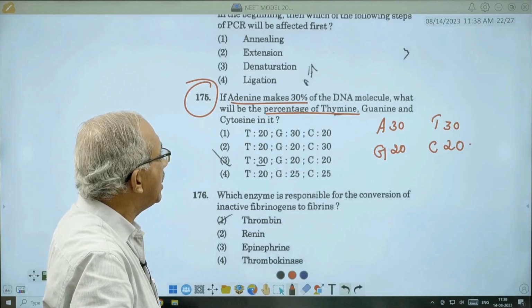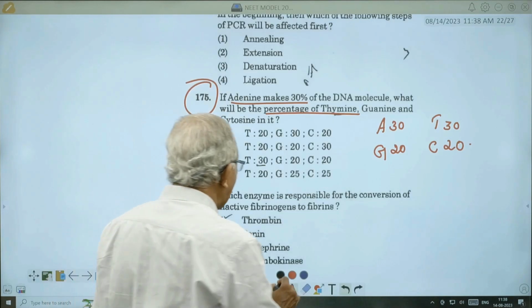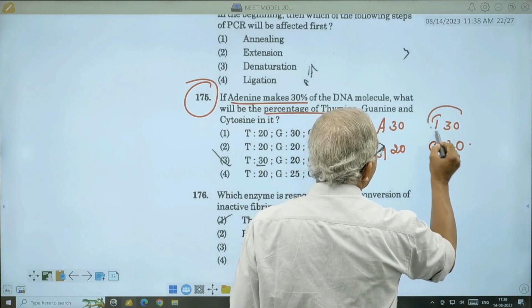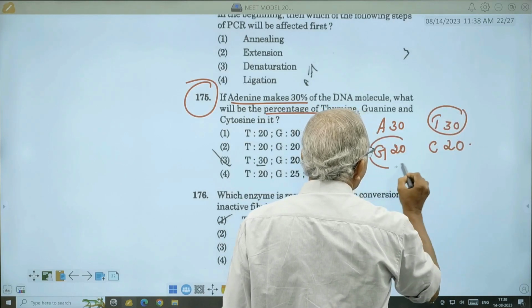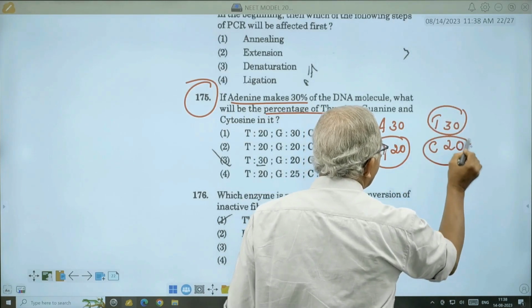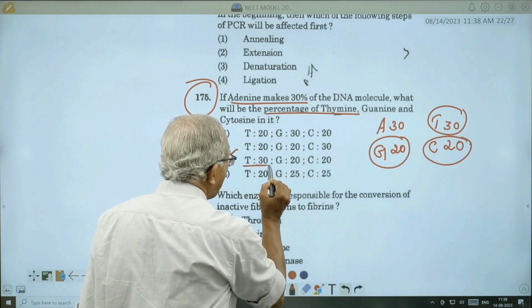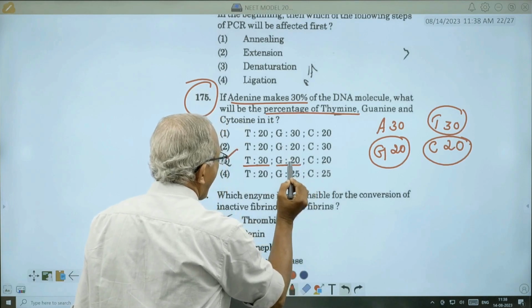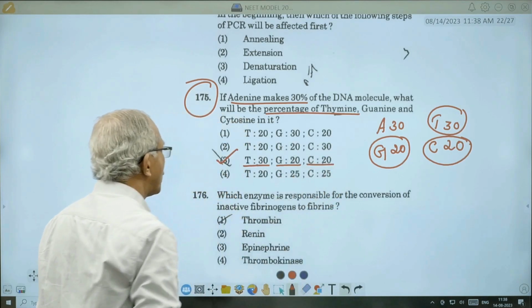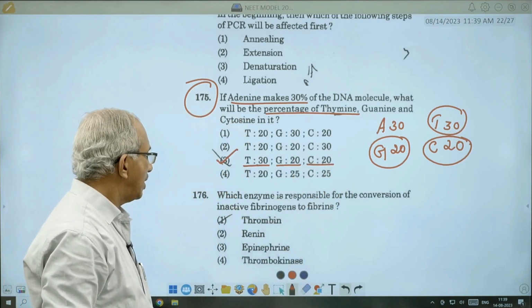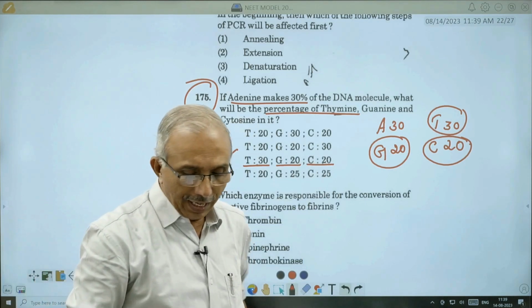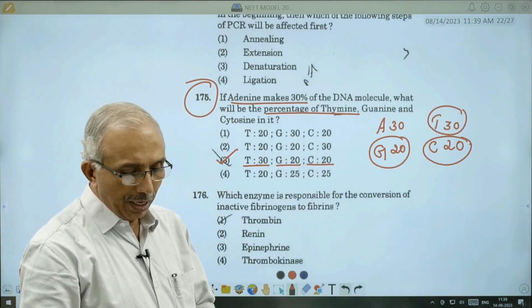Thymine is 30%, guanine 20, cytosine 20. Answer is 3, thymine 30%.